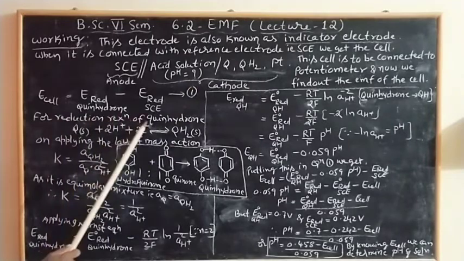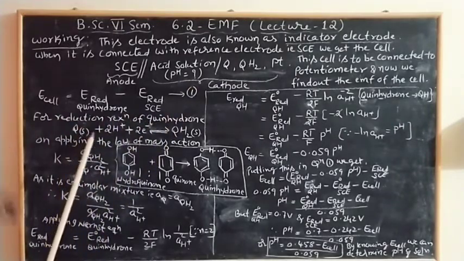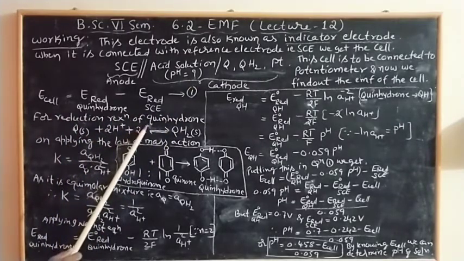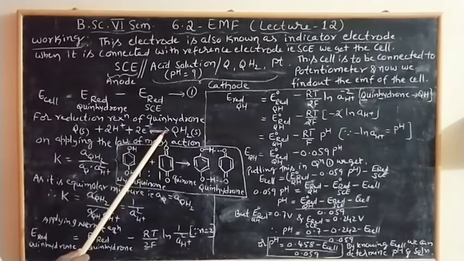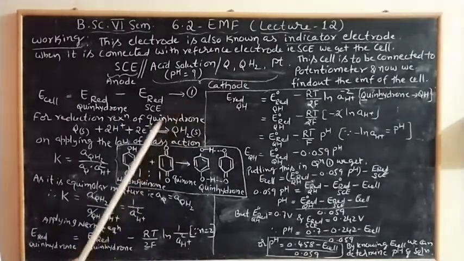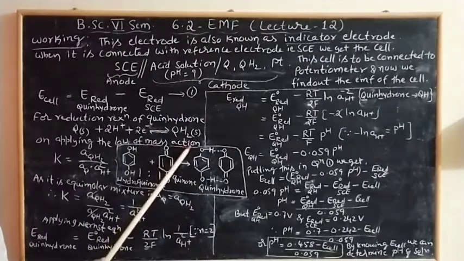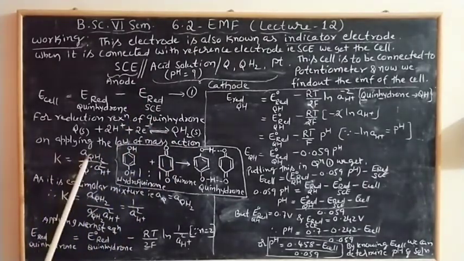For the reduction reaction of quinhydrone: Q solid plus 2H+ plus 2e- in equilibrium with QH2 solid. On applying the law of mass action to this, we get K is equal to activity of QH2 divided by activity of Q into a square H+, because these are 2 moles.